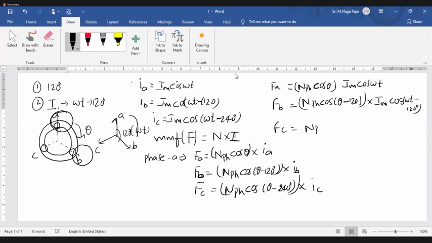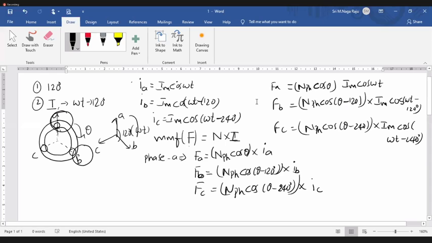Similarly, FC equals N phase cos theta minus 240 into I maximum cos omega t minus 240. So here FA, FB, FC is the MMF, magnetomotive force produced by that corresponding winding. I is the current, theta is the space angle, omega t is the current displacement angle, electrical.